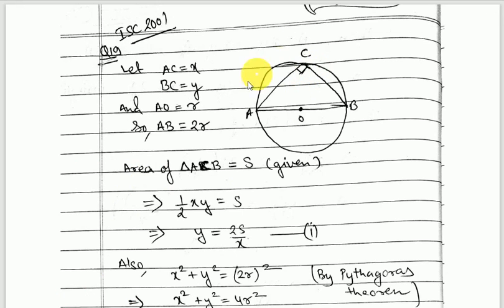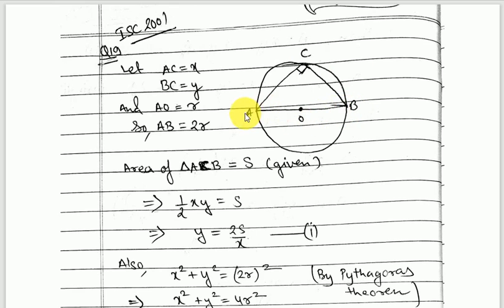Here I have taken right angle triangle ACB, where the right angle is at C and the circle is drawn. When you draw a circle on a right angle triangle, the hypotenuse is the diameter.